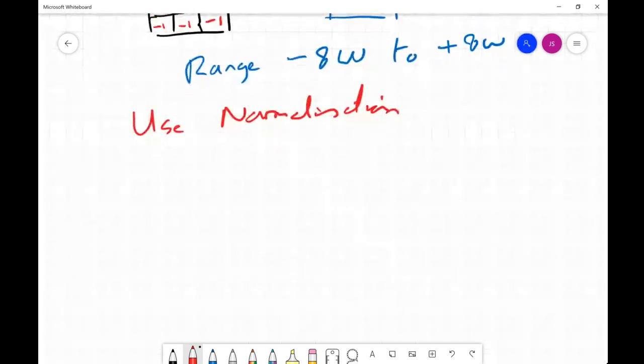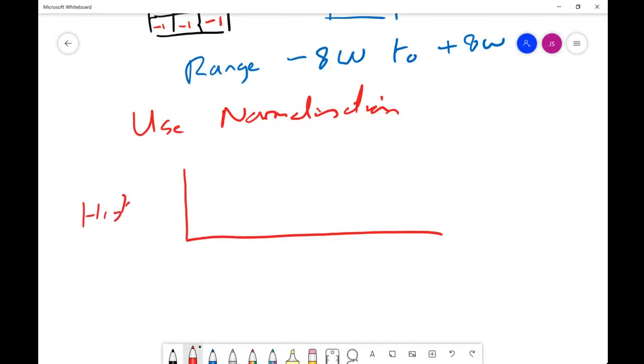That means having filtered the image, get the histogram. You would have -8W there, you would have +8W there. Ignore those extremes. We would have information on the histogram somewhere maybe like that, where 0 might be in the middle. This would be G min, which would be negative. This would be G max.